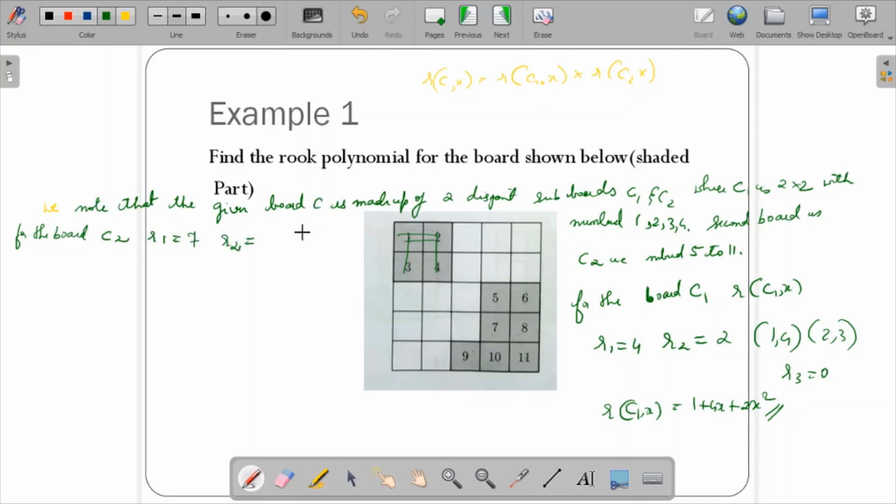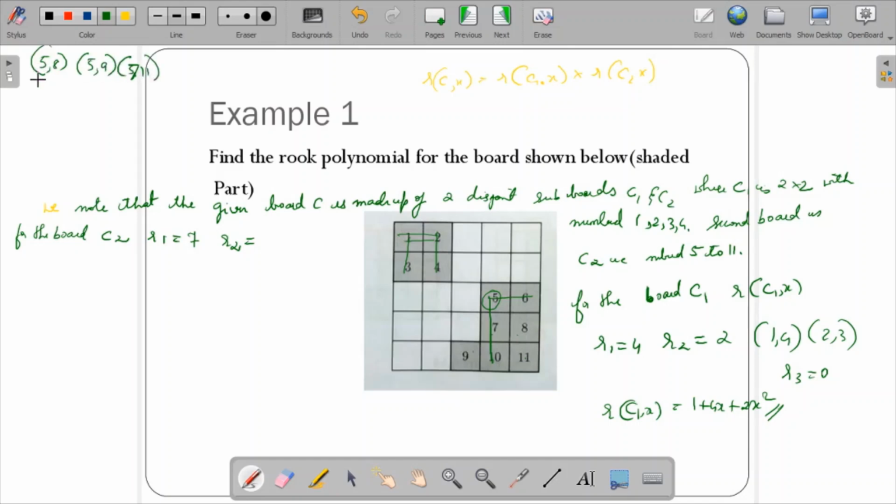Write down the statements as we have followed from the beginning, referring to the previous example. Here, when I take 5, this and this will not be considered. So the possible pairs are 5 comma 8, 5 comma 9 and 5 comma 11.